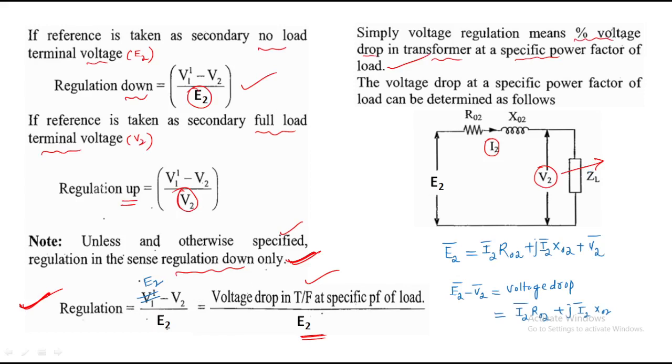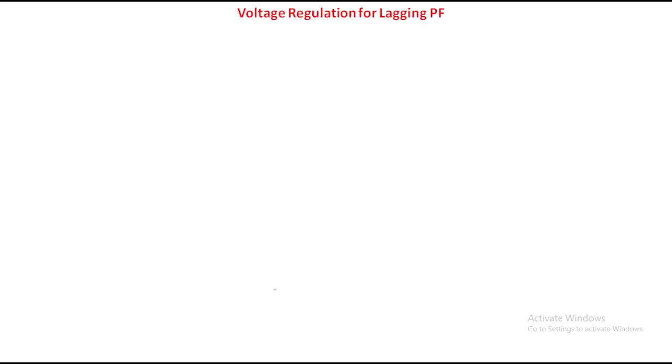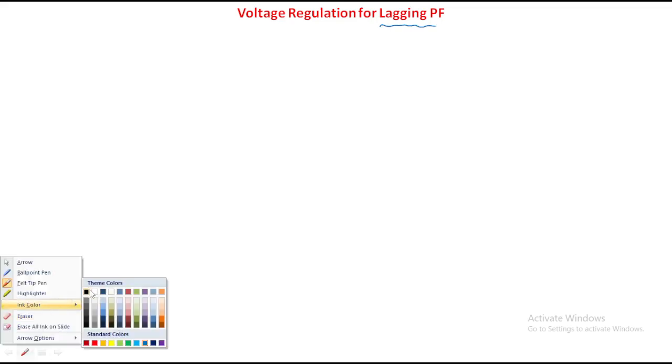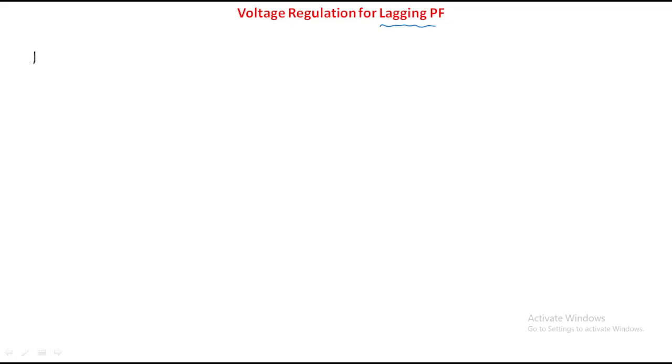Now we have to calculate voltage regulation at a lagging specific power factor. Now we discuss the lagging power factor. What is the equation? E2 equals V2 plus I2 R02 plus I2 X02.